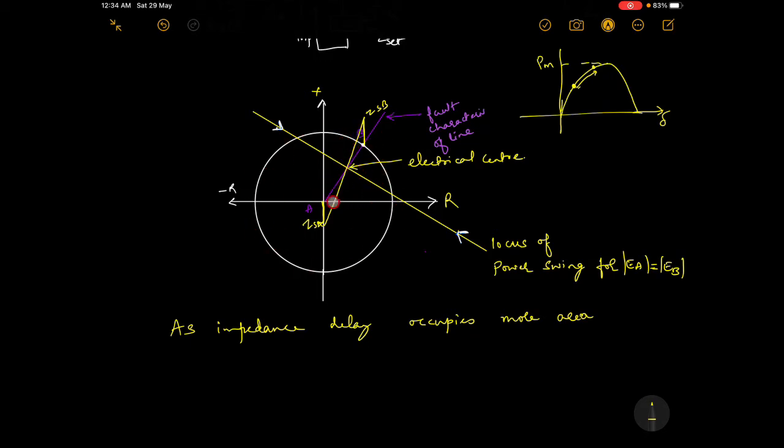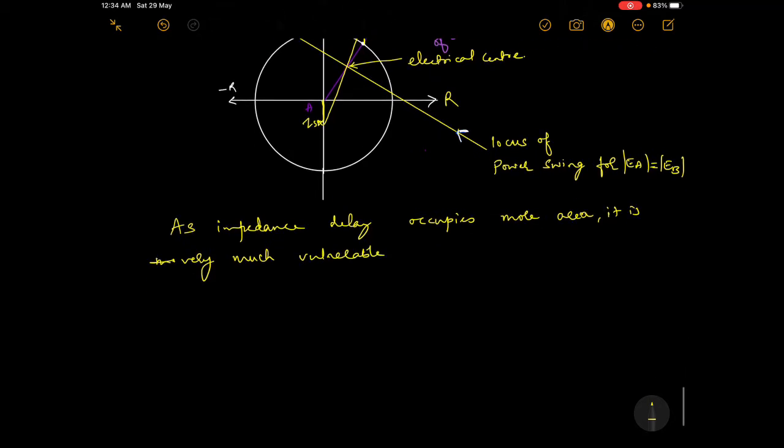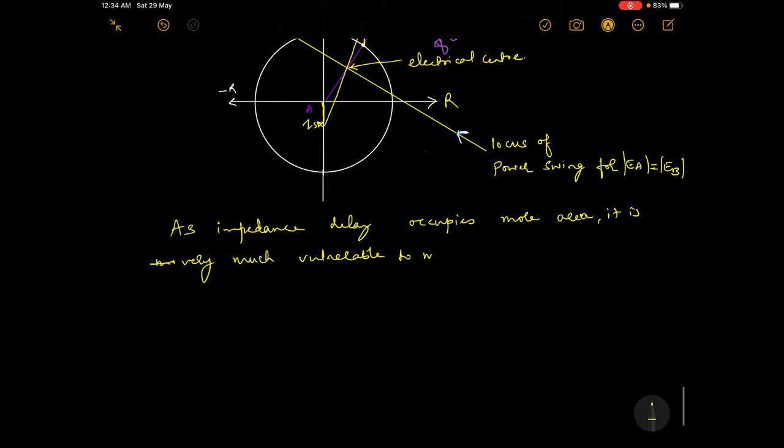The Mho relay is unidirectional and its circle radius is also very small. Since the impedance relay covers more area, the variation is large, that is, it is very much vulnerable to maloperation on power swing.